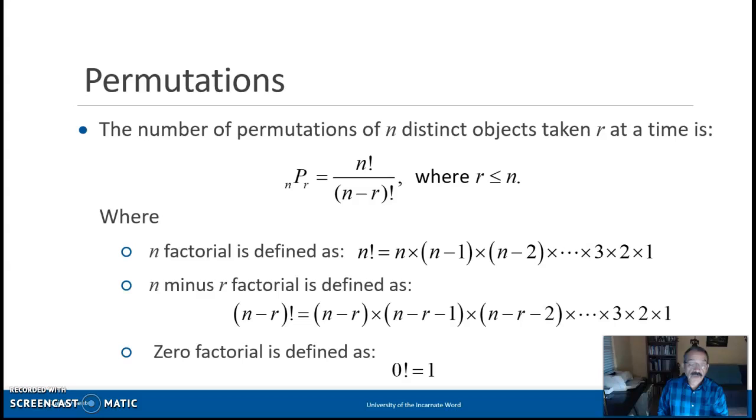Let's say that n is 5 and r is 2. Then the difference, 5 minus 2, is 3. So 3 factorial will be 3 times 2 times 1, and that will be equal to 6. If you happen to have n and r be the same number, that difference will be 0. And 0 factorial is by definition 1. So keep that in mind as we progress.